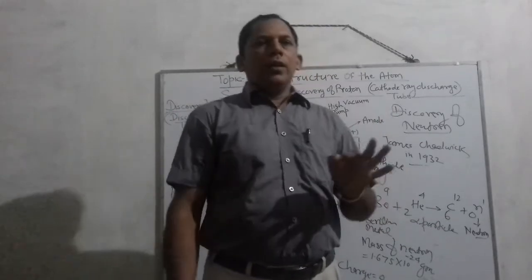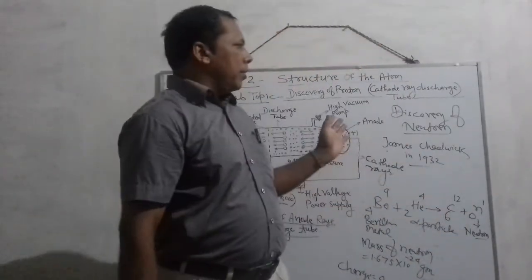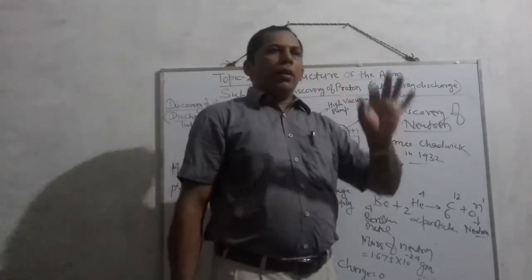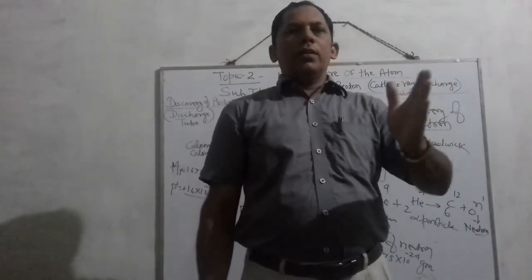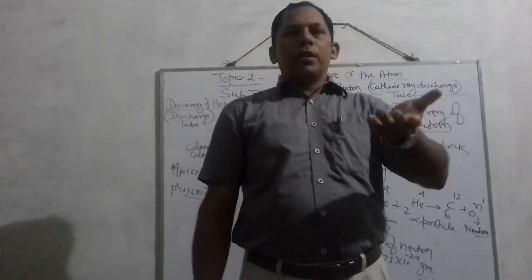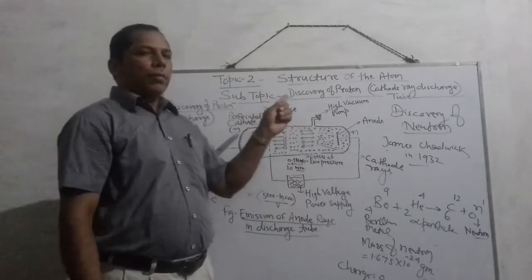So we have to study Bohr's atomic model at the next step, and in that we will learn what the model of Bohr is, how we calculate Bohr's radius, and how we calculate the mass of the smallest particles.